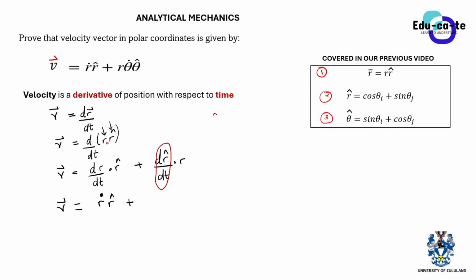Remember that when we differentiate i cap with respect to time, we get 0 because i cap is the unit vector along the x-axis and does not change with respect to time. When you differentiate j cap with respect to time, you get 0 as well because it is the unit vector along the y-axis. Same applies if you differentiate k cap, the unit vector along the z-axis.